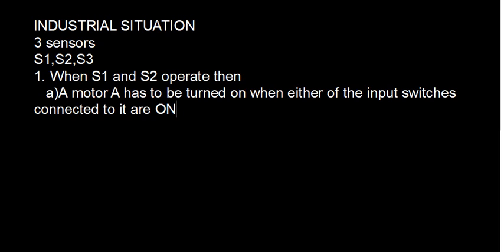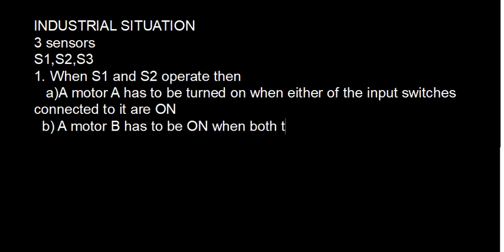Second situation, a motor B has to be on when both the input switches connected to it are on. Please try to read the problem statement carefully. This is the first condition, right?